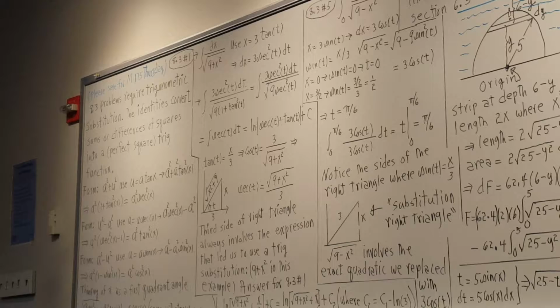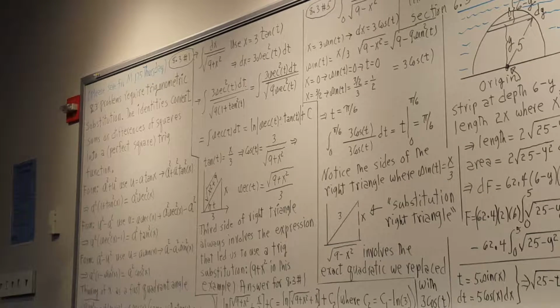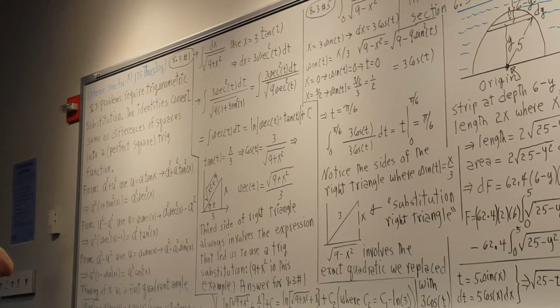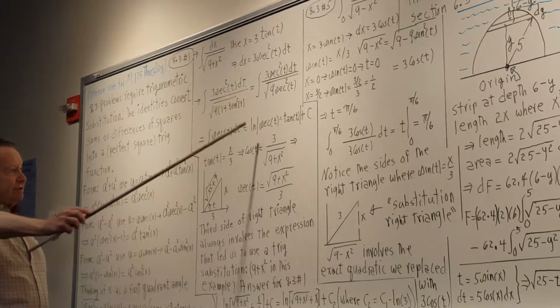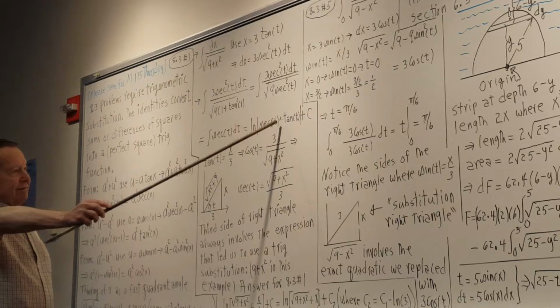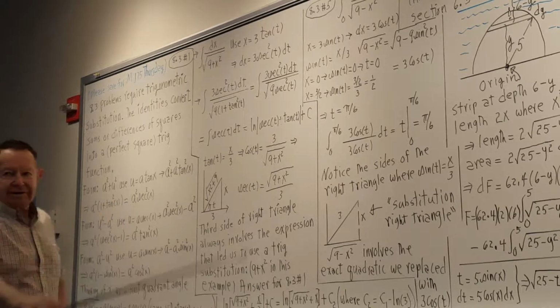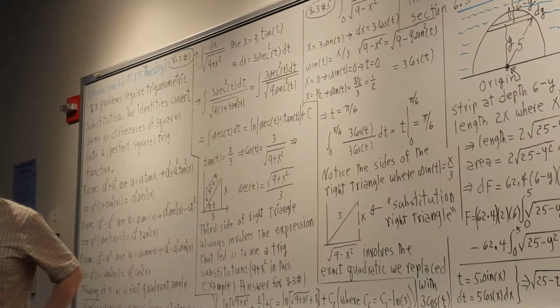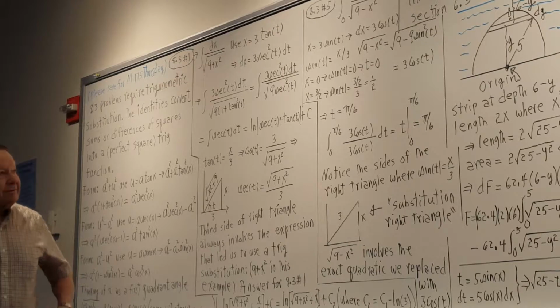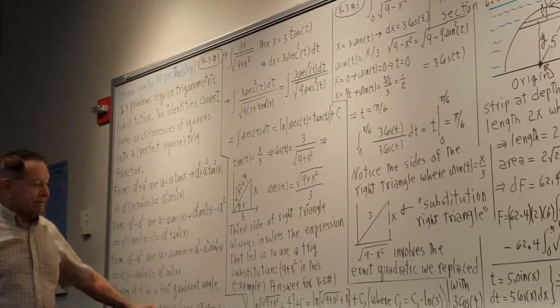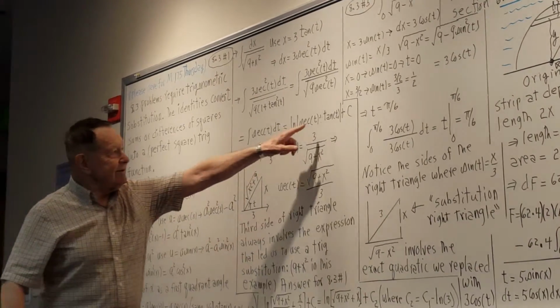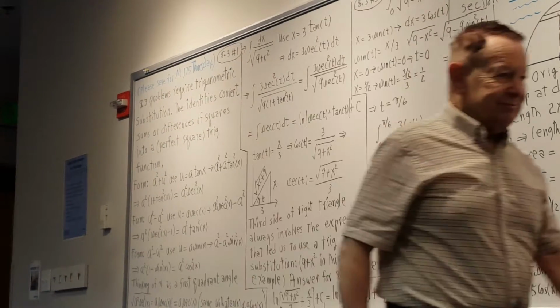And then it turns out that what's on top, when you multiply by the original secant, is exactly the derivative of what's on the bottom. So if what's on the bottom is secant plus tangent, and you have the derivative of that on top, then your integral is going to be log. And so, let me get a pen and fix my plus sign.